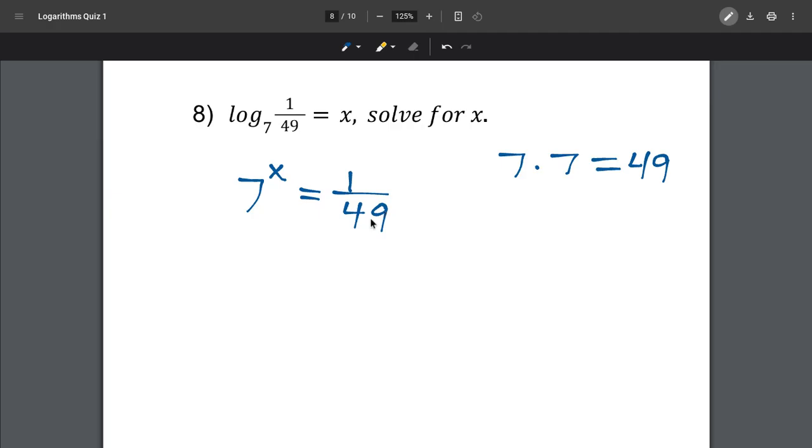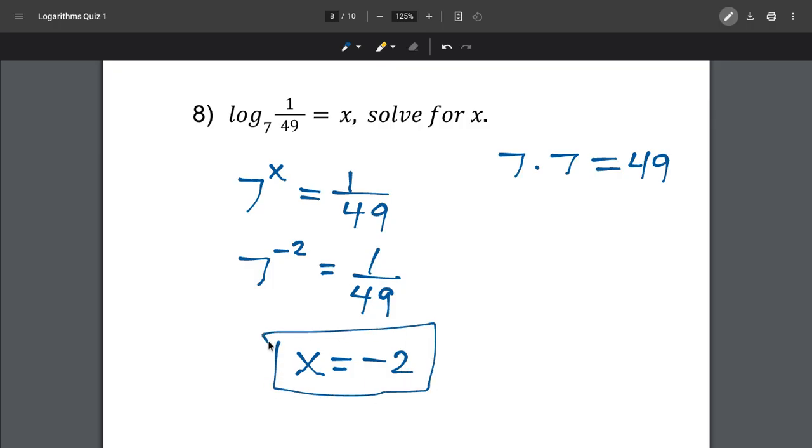But again, this is 1 over 49, so instead of a positive 2 for an exponent, we're going to make it a negative 2. So 7 to the negative 2 power is 1 over 49. So x equals negative 2. Okay, and we're good with that one. Let's keep going.